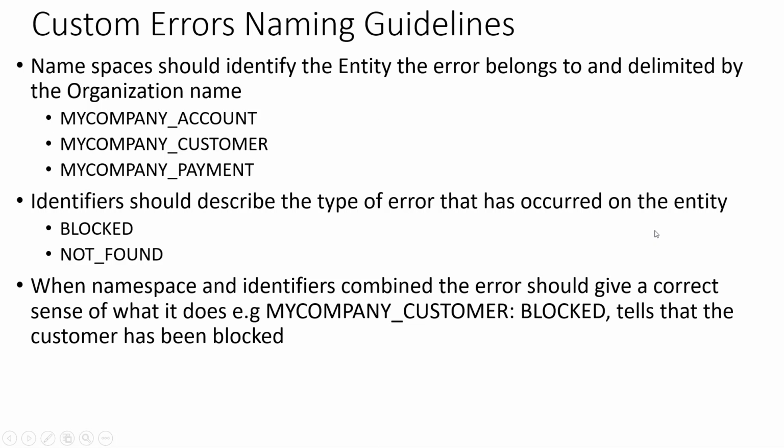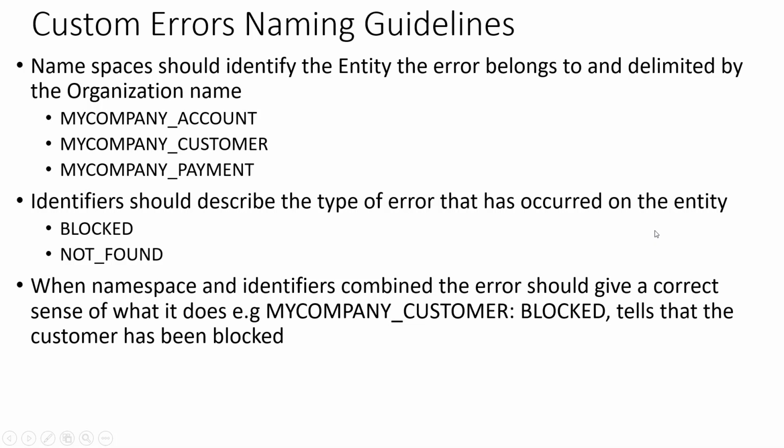So let's look at a few naming guidelines for how we raise the custom errors that are business errors. Namespaces should identify the entity the error belongs to, meaning every application that has some business relevance, if it is a microservice-based application, will come under some bounded context. For example, a customer bounded context, an account bounded context, so it falls under different contexts.